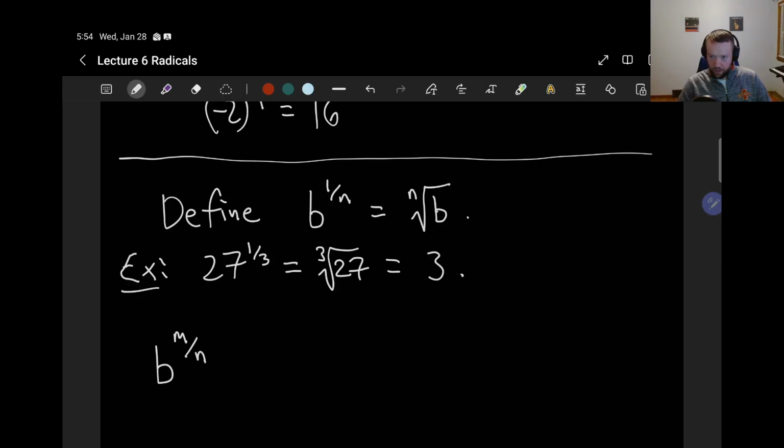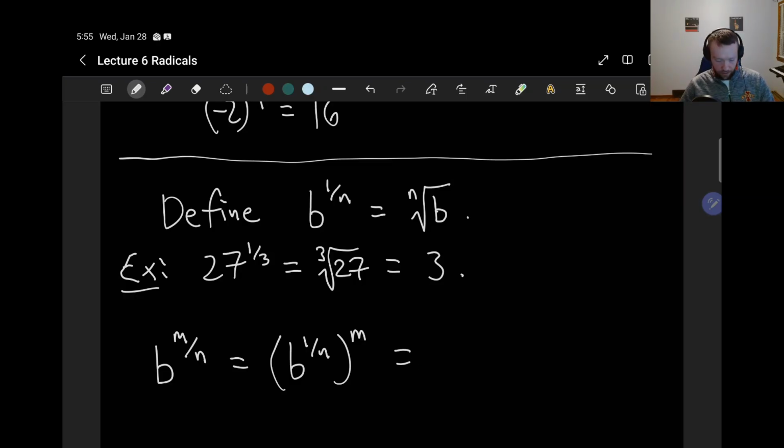So now I can do something with any fraction, M over N, if I use exponent rules to my advantage. Right, in this case, I multiply the powers, 1 over N times M, and that gets me back to this M over N.